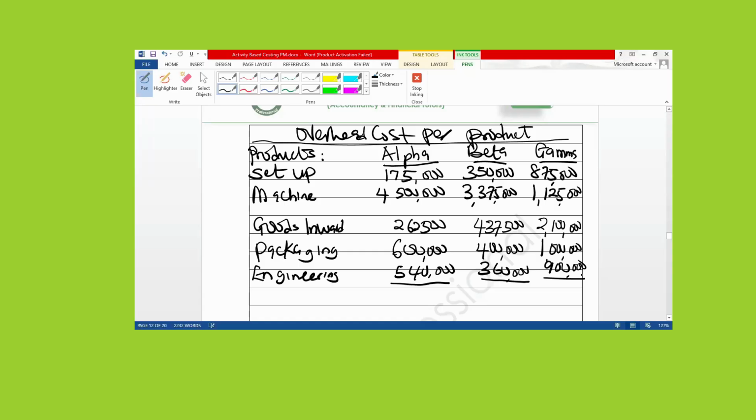For alpha, 6,077,500. Is that correct? Yes. Now beta. 4,922,500. All right.